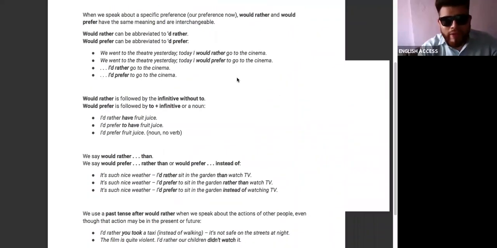Okay, so the important things is this. Would rather plus verb. That's the first thing you have to take note of.